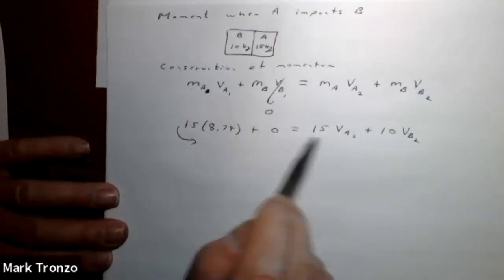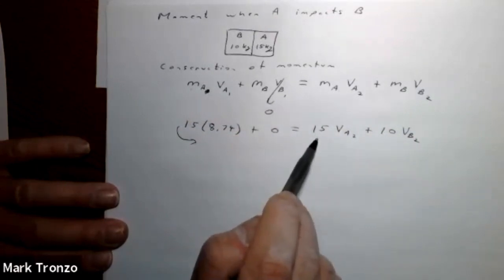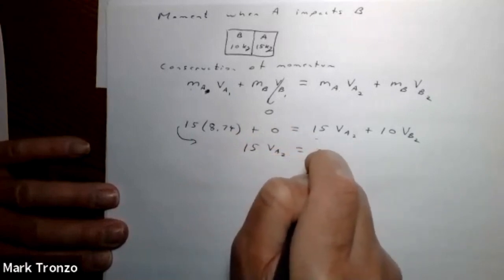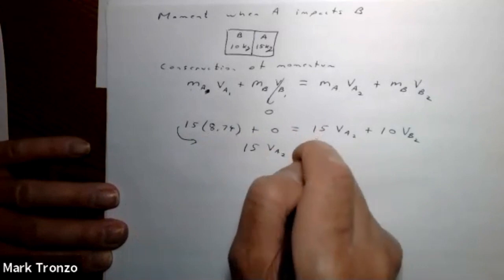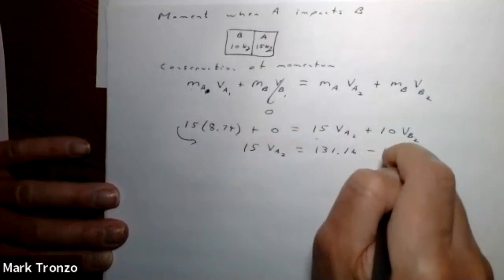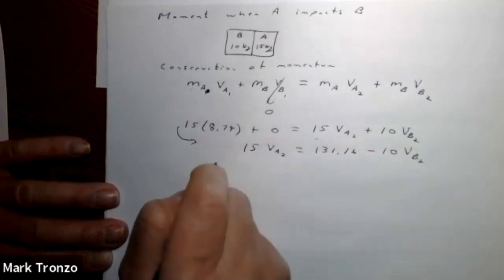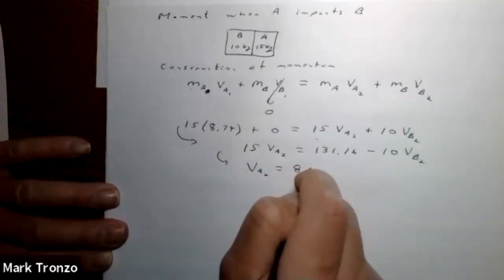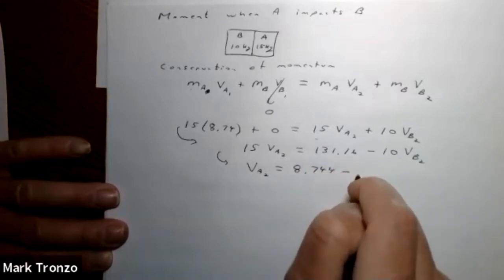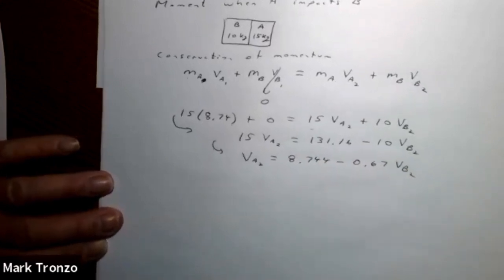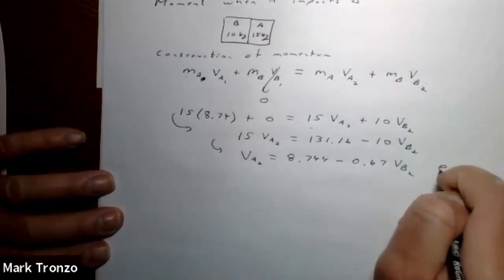If you put all the constants on one side, I'll make this 15 VA2 equals, and we multiply this together, get like 131.16, and bring this over the other side, minus 10 VB2. Divide by 15, we get VA2 is 8.744 minus 0.67 VB2. And we have 2 unknowns and 1 equation, so we need another equation.